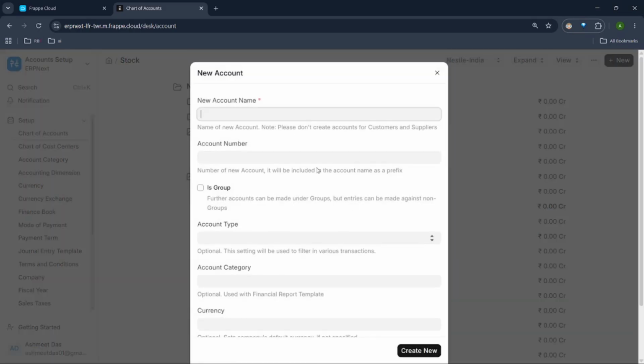Here I am showing an example of adding an account to showcase our electricity bill.